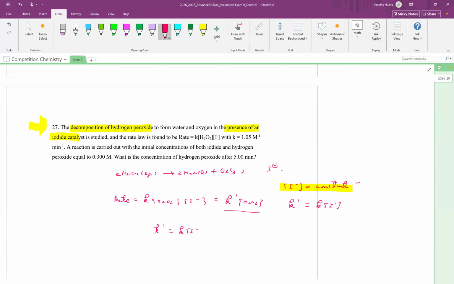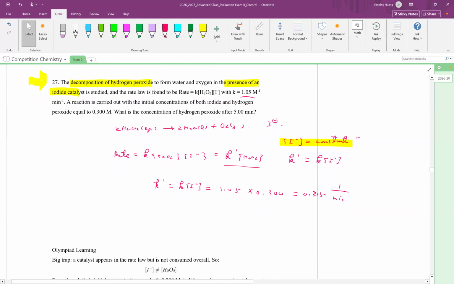K is 1.05 times 0.300, 0.35 per minute. It is a first order.